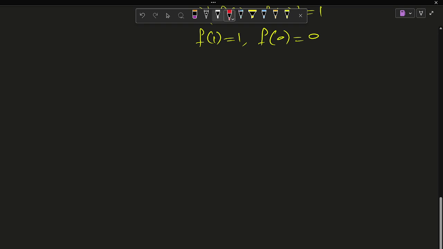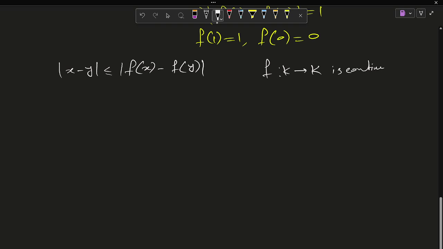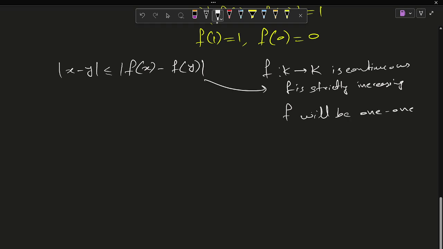We can see that our f from K to K is continuous, and from this we got that f is strictly increasing. So our f will be one-one.